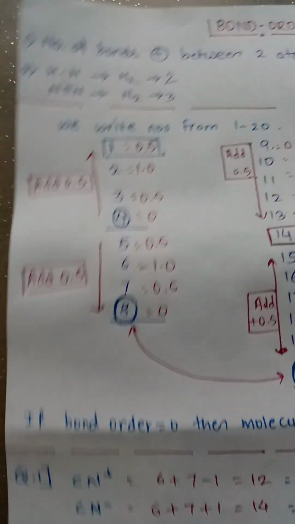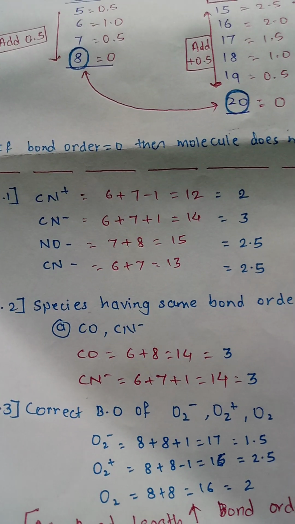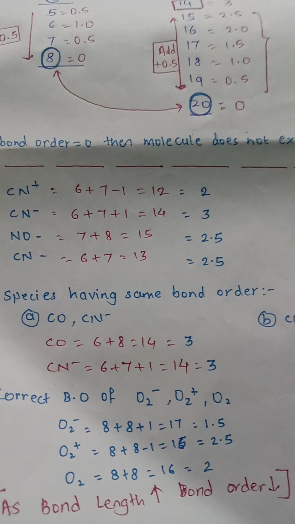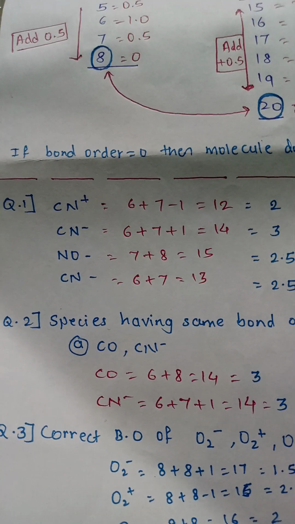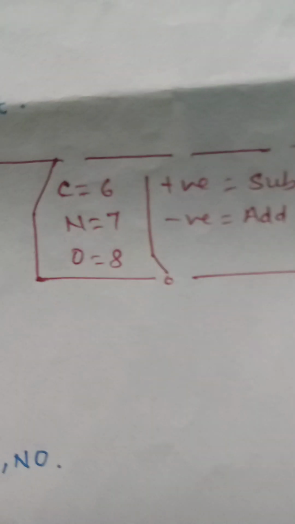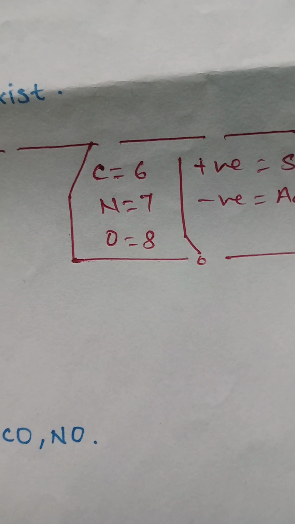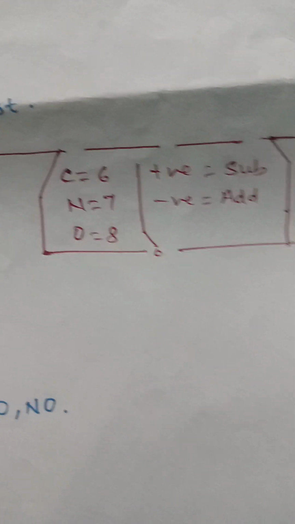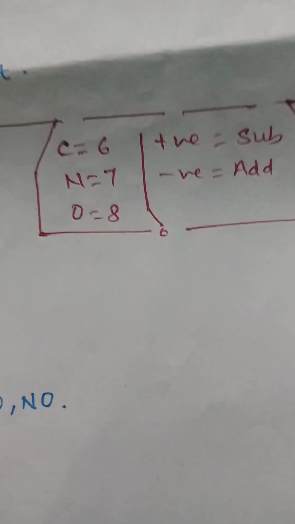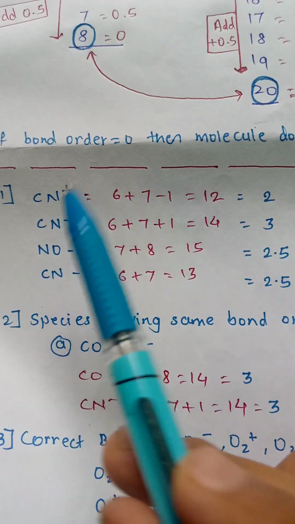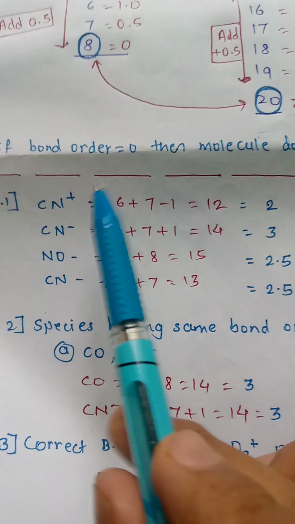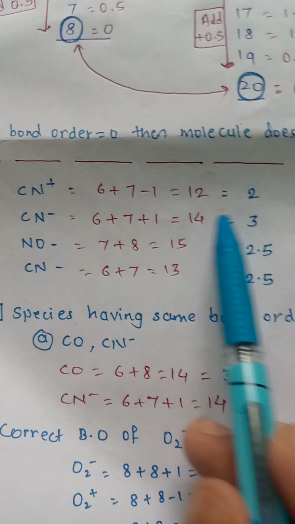Okay, now let us look at the question. If the bond order is 0, then the molecule will never exist, and hence we are not taking 0 here. So now first, find the bond order of CN+. Carbon is atomic number 6, nitrogen 7 and oxygen 8. If there is a positive charge, we'll subtract 1. If there is negative charge, we'll add. So CN, that is cyanide, plus: carbon 6, add N 7, and plus charge is given, so we are subtracting 1.